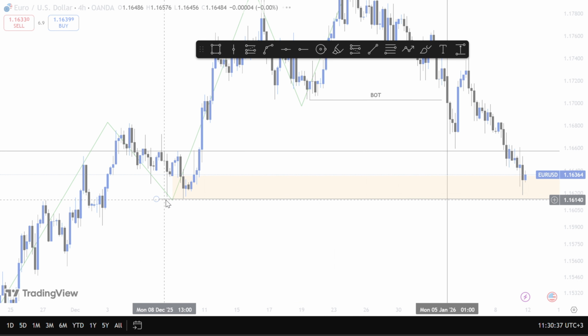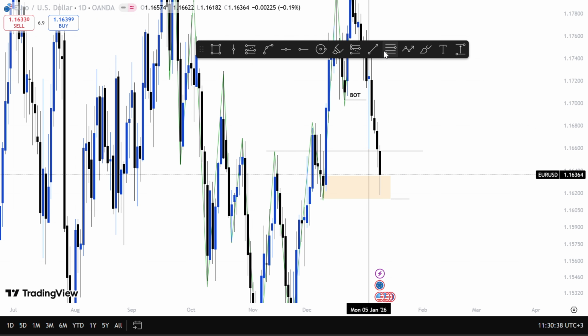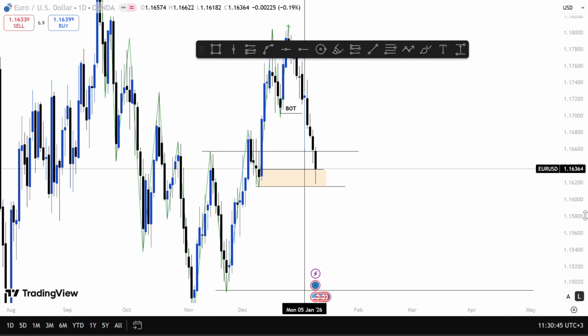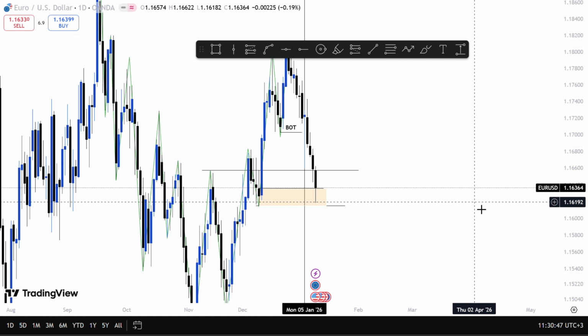Oh, okay, another thing, you should mark this as a daily level and somewhere that you should manage your trades. So I marked that as a daily level.